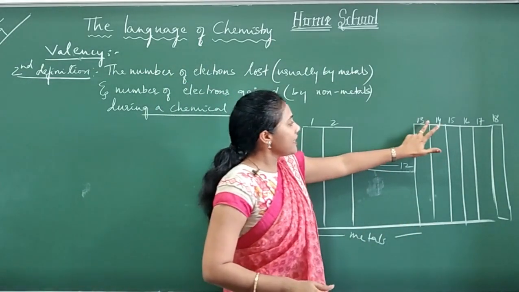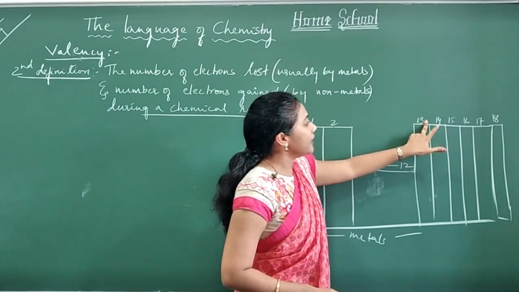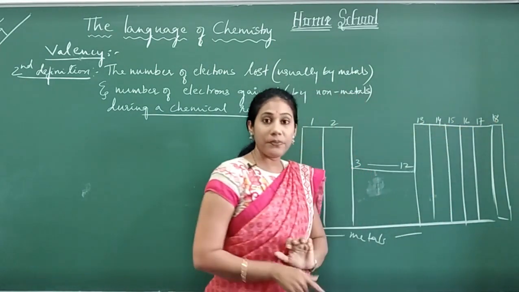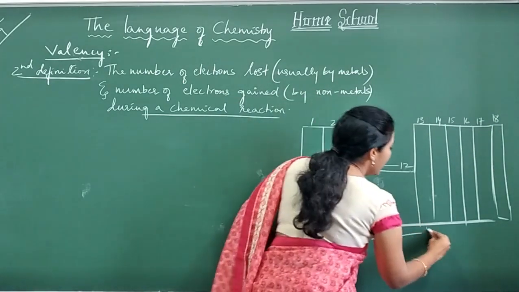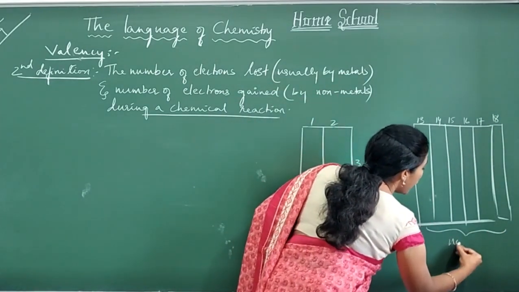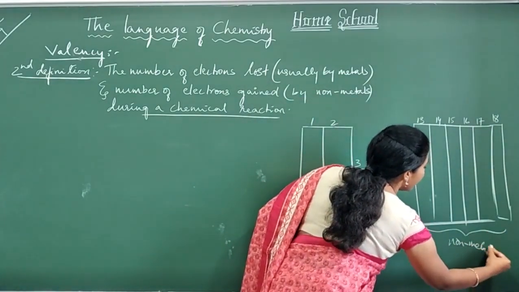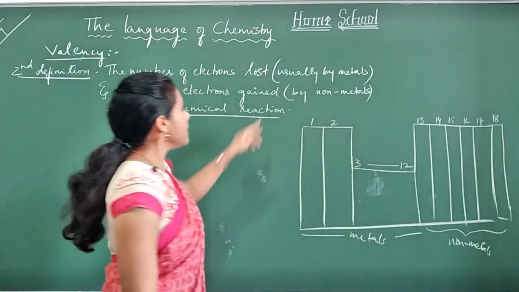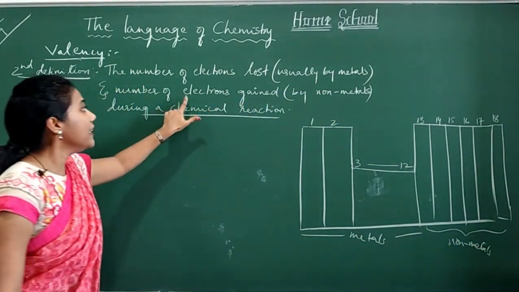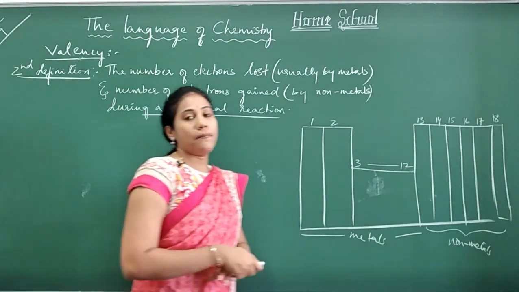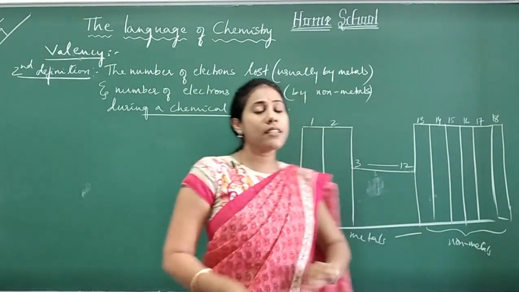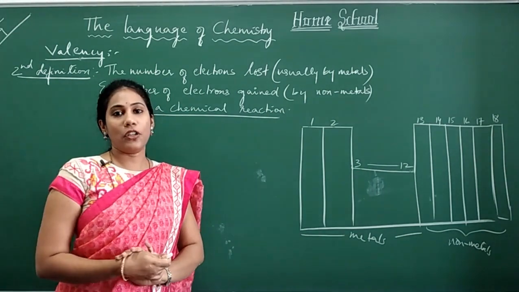And the elements in groups 13 to 18 are called non-metals. What do non-metals do during a chemical reaction? They will always take electrons. From whom? From metals they will take electrons.